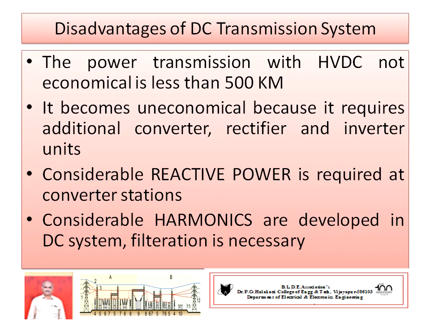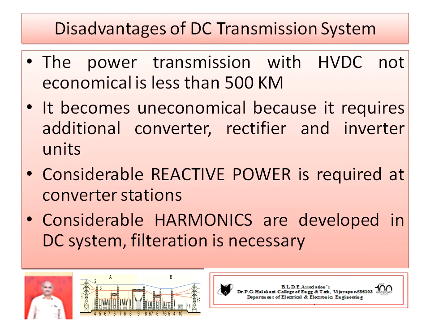Disadvantages of DC transmission lines. Already we know that if power transmission with HVDC is less than 500 km, it becomes costly. Once again, you remember, it becomes more economical for long distance transmission of power.